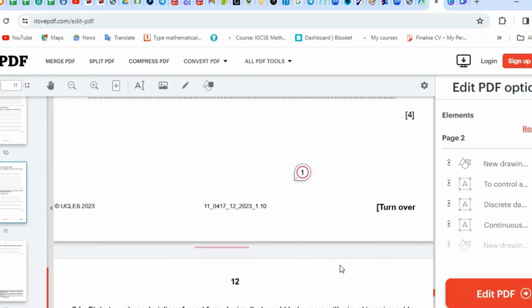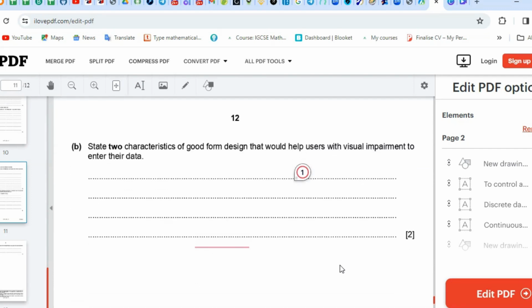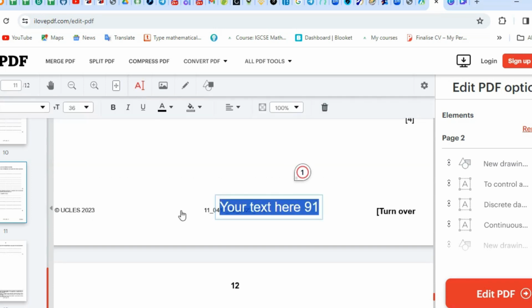Then let's look at 12B. You are told to state 2 characteristics of good form design that will help users with visual impairment to enter the data. That means those who cannot see, how will you help them so that they will be able to view or register on the site?